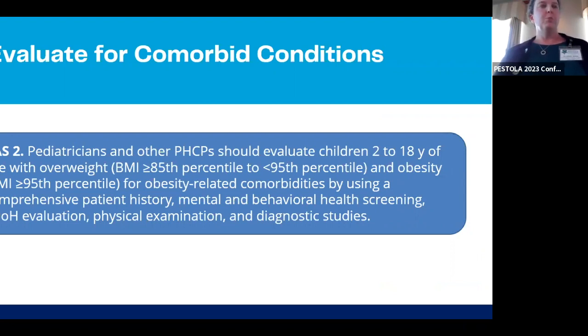So this evaluation provides pediatricians with an opportunity to assess both the etiology of obesity for that child, as well as the complications of obesity. And recognizing that this does take time to do that is also in the guideline.